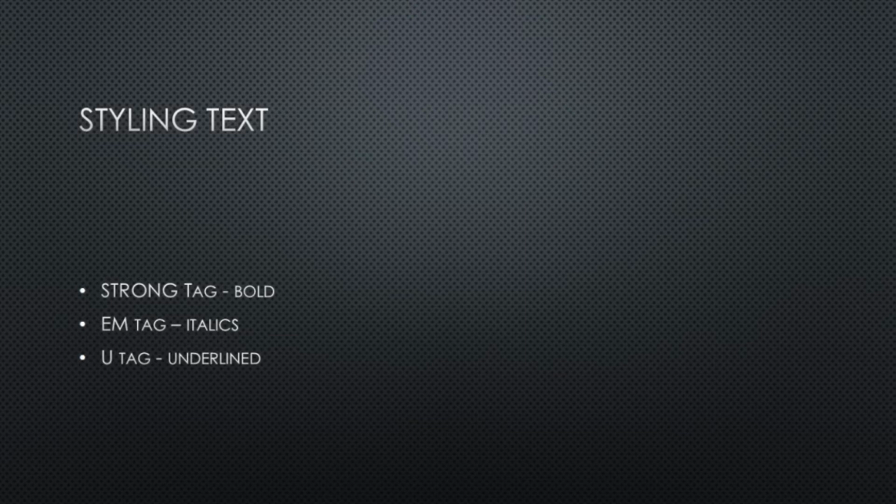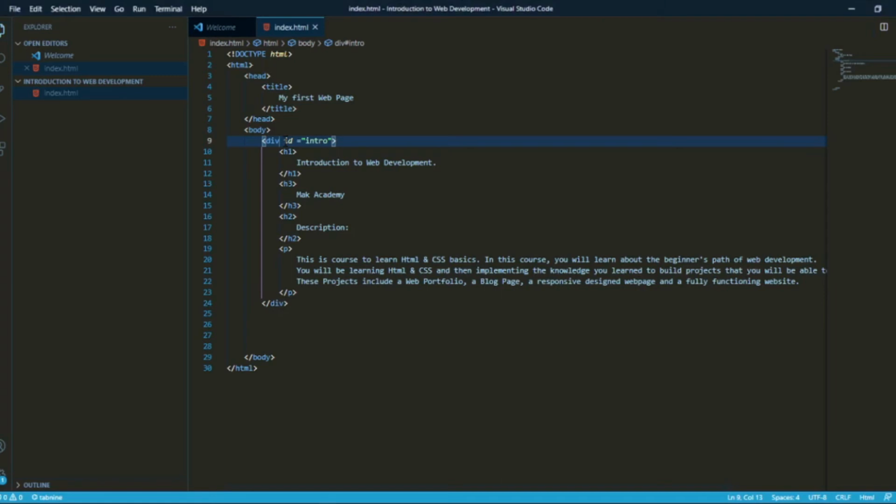So if I want to add an element which is bold, like in here I say I want HTML and CSS to be bold, so I will add strong element. It is similar to all the other tags we use. So first I will add an opening tag, strong, and the next thing is to add a closing tag, but I want the HTML and CSS to be bold.